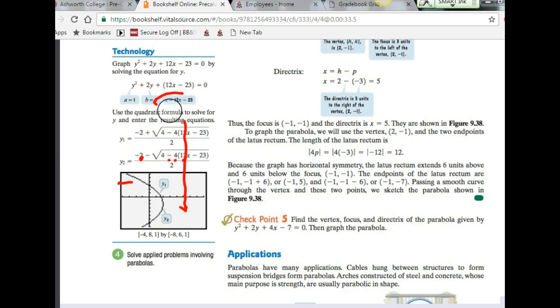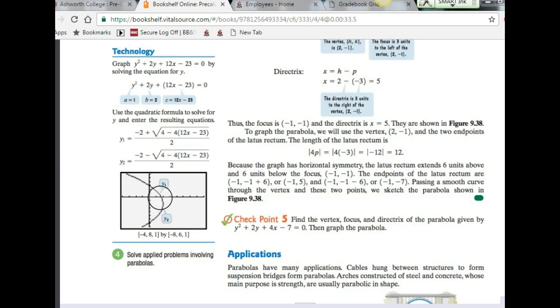Now, the only other thing I want to mention to you is that it takes a little work, but if you were to solve for y, because that's the only way to get something into the calculator, and because this is squared, you're going to have to do a y1 and a y2, because you're going to have to use the quadratic formula technically to be able to solve this. But anyway, long story short, you're going to get −2 plus the square root of 4 minus all of that, and then you're going to get −2 minus.